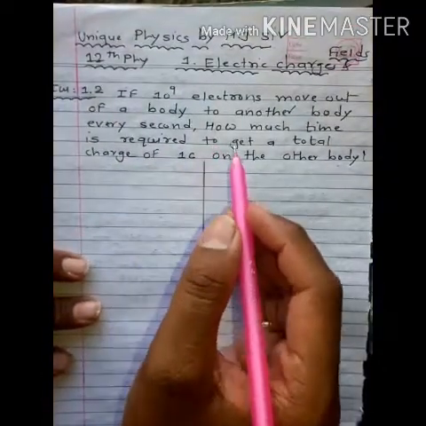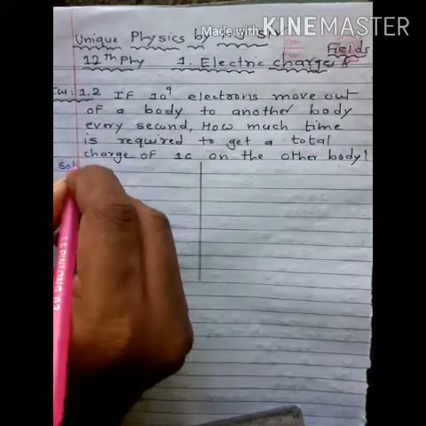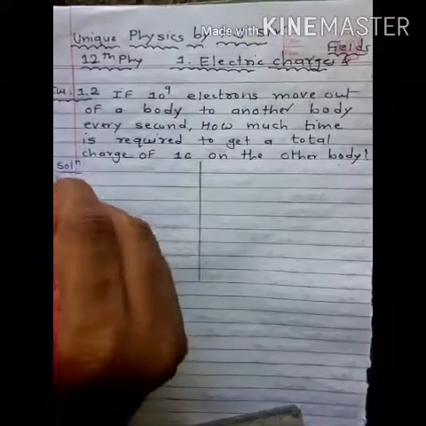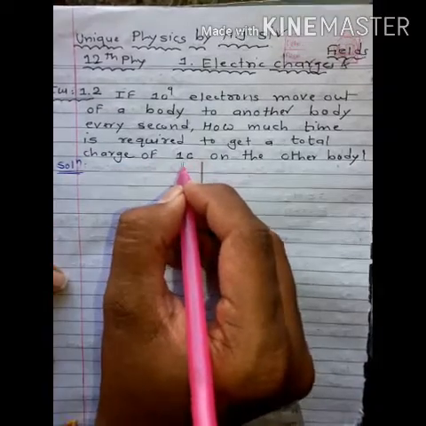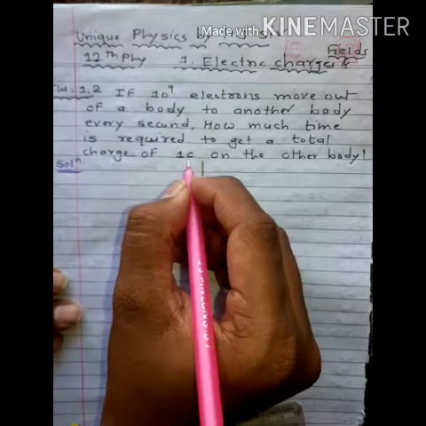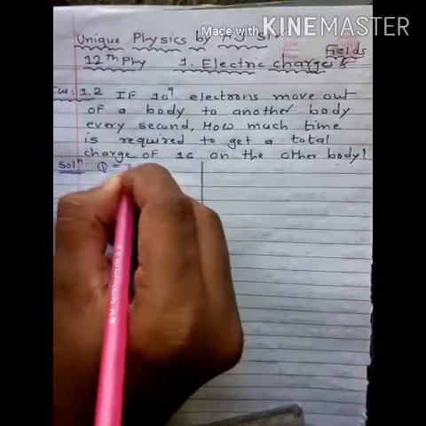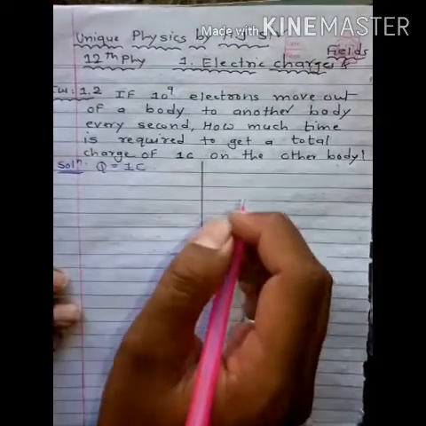Now here we start solving this example. Solution of this example. Here we start from this charge. So total charge on another body is 1 coulomb. Total charge means capital Q. It is 1 coulomb.